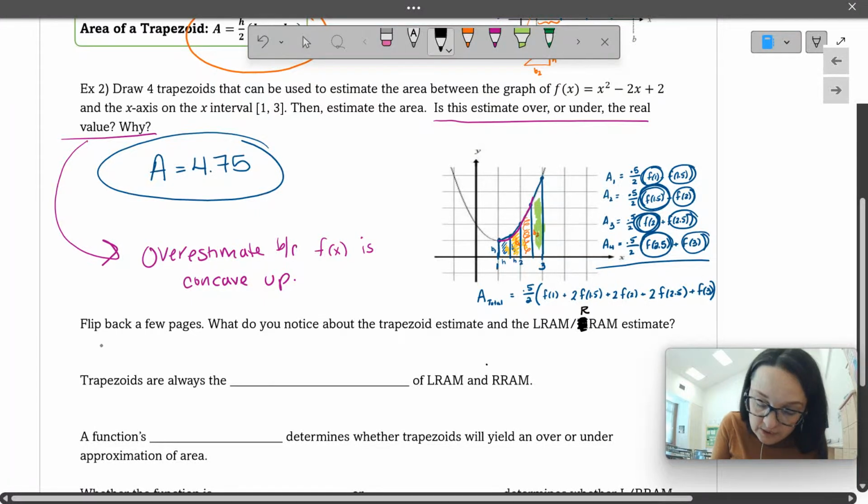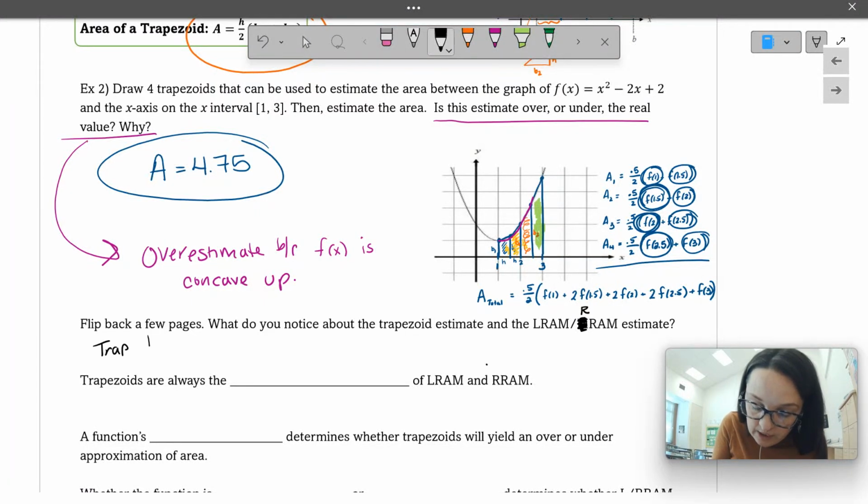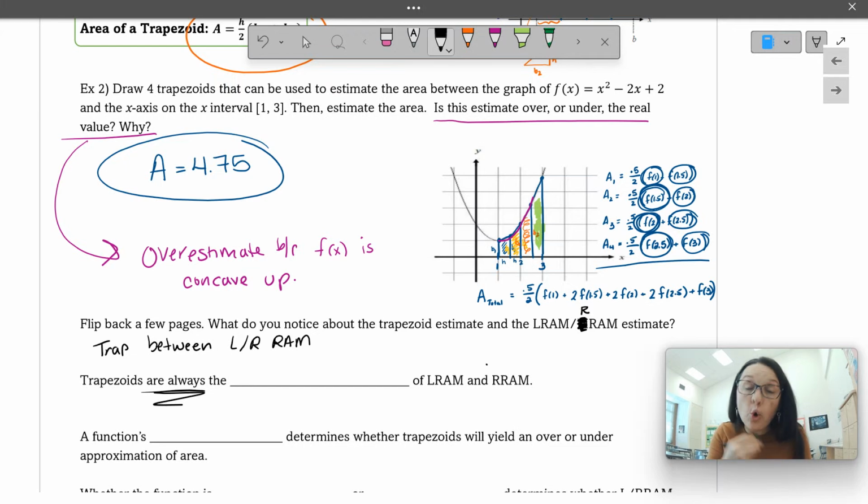What do you notice? Trapezoid is exactly halfway between LRAM and RRAM. That's because trapezoids are always the average of LRAM and RRAM. Always the average. And you know why?